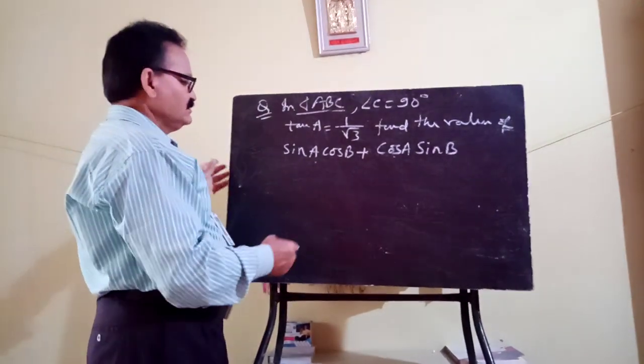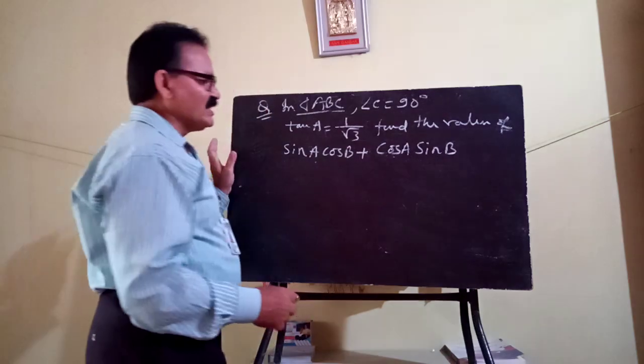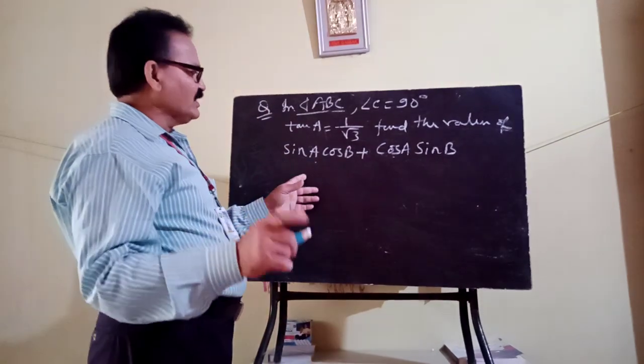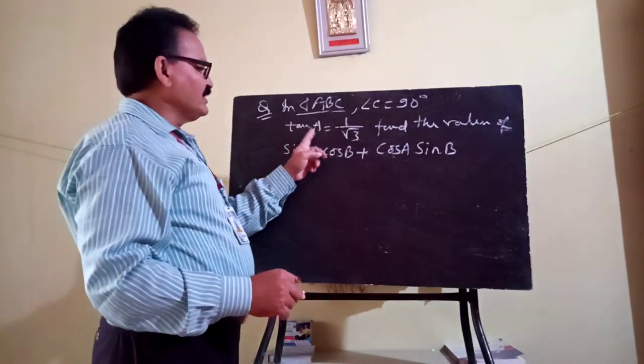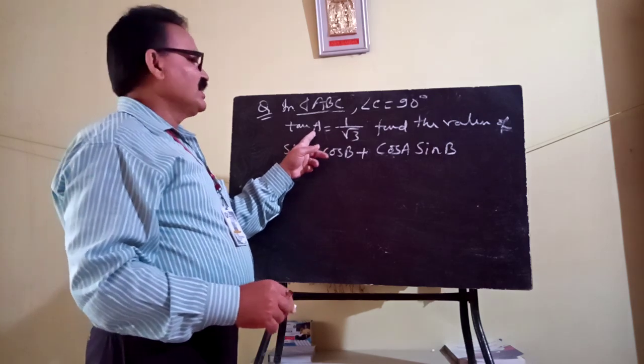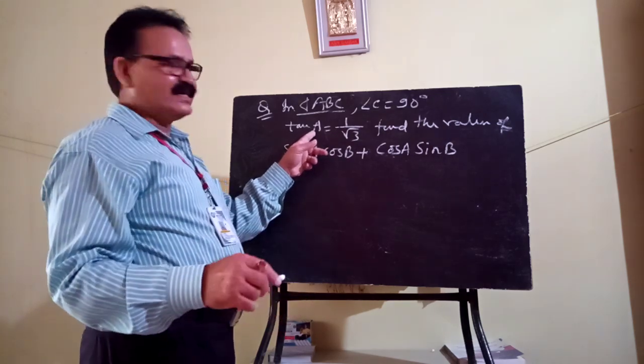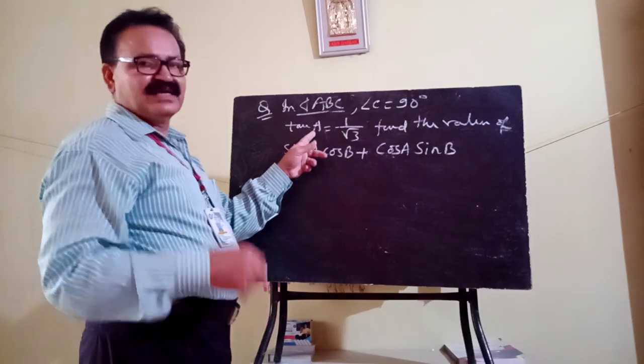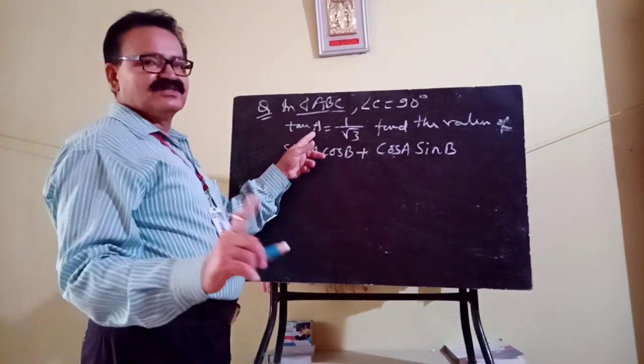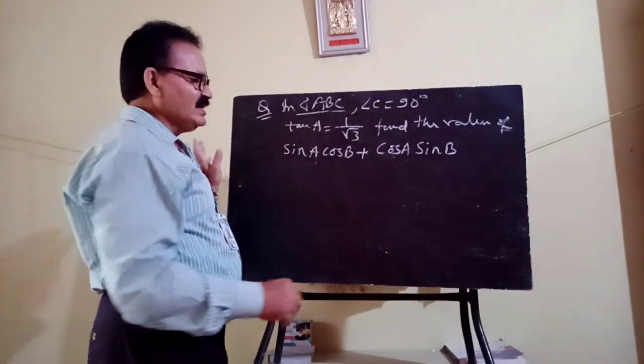In this case, there are many methods, but I can also find the value of A by using the standard values of angles, which I will discuss in my next chapter. So I am not using that part.